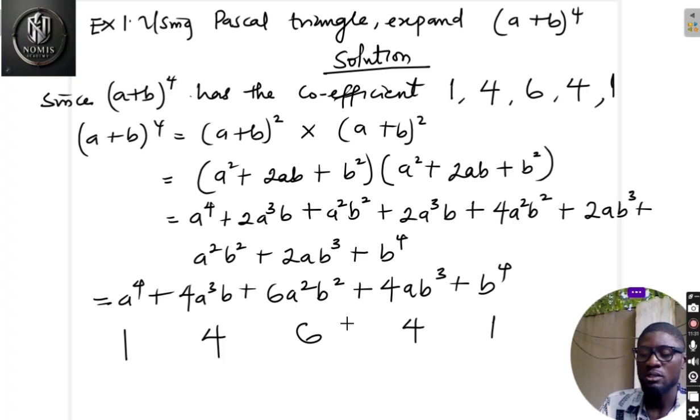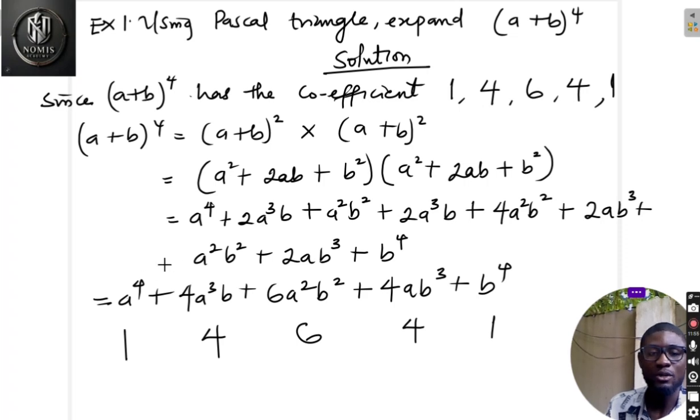Also, you will note the changes in power. What do I mean by changes in power? Remember that what we are to expand is a plus b raised to the power of 4. When a has a power of 4, b has a power of 0.